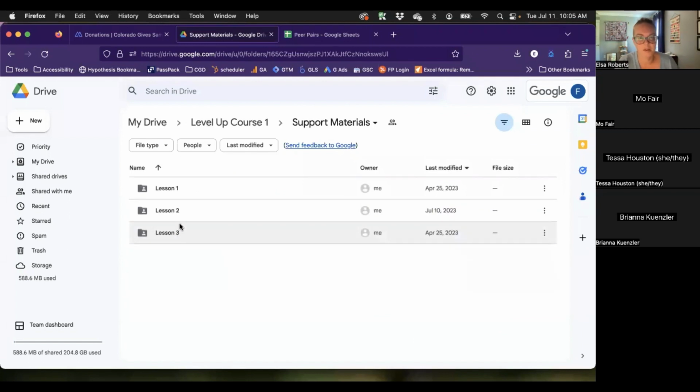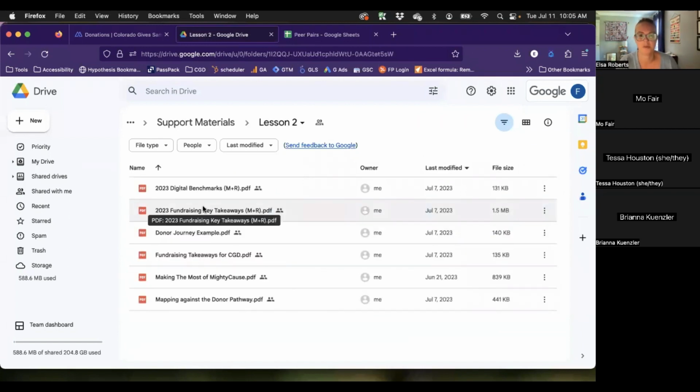In terms of support materials for lesson 2, there are several this time around. There are benchmarks. There are key fundraising takeaways from the M&R report. M&R is an entity that aggregates data submitted from a variety of nonprofits across the country, and they then perform analysis on that data and release a report with key insights for nonprofits.